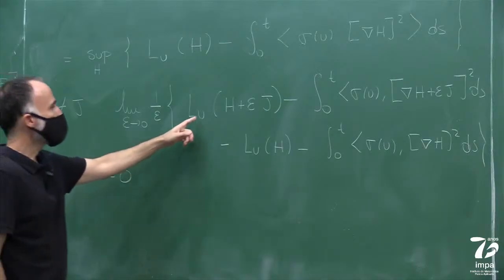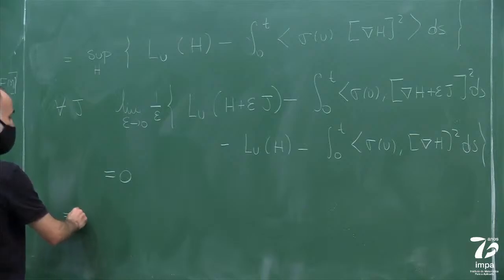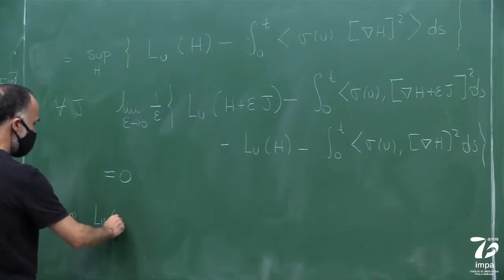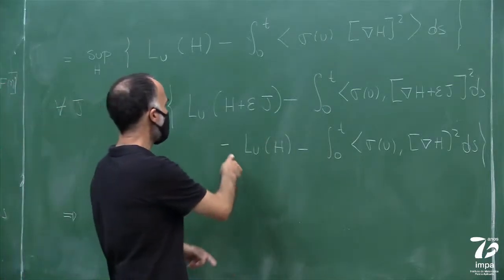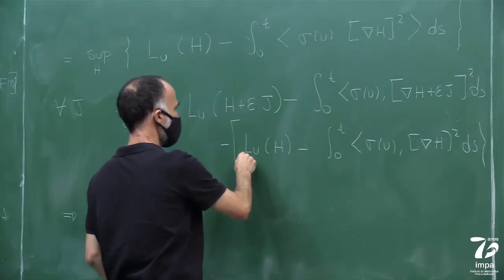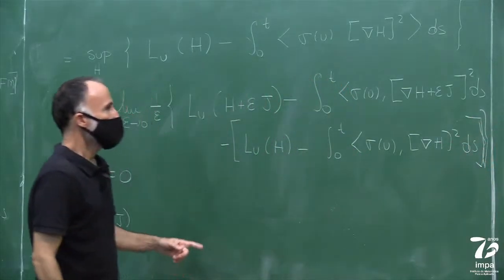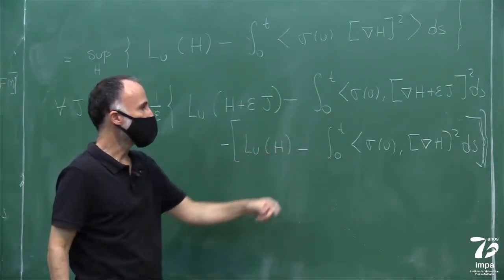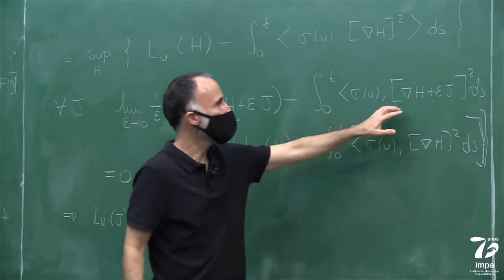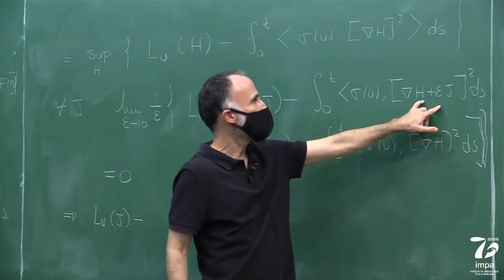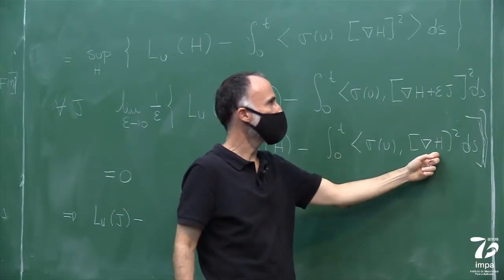So you see that since L_u is linear, this means that L_u of j, and then, okay, here it's a minus of everything here. Now you have to compute this one minus this one. Well, but that's very easy because if you expand this square, the gradient h square will cancel.